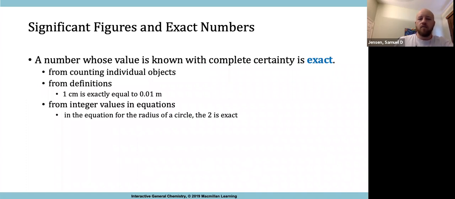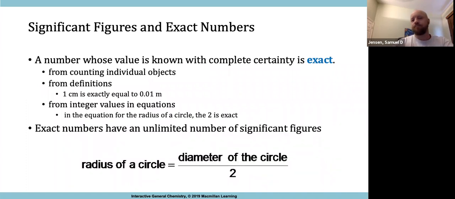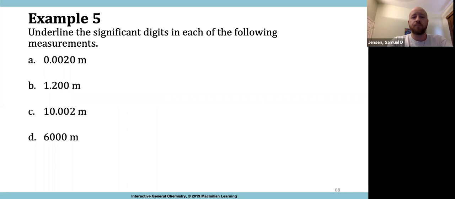Exact numbers we don't count, like the metric system conversions, because we're going to consider those to be exact numbers. Okay, so exact numbers are infinitely accurate.